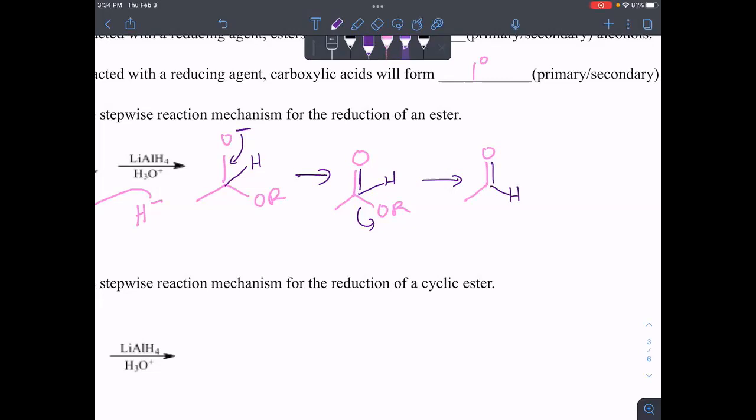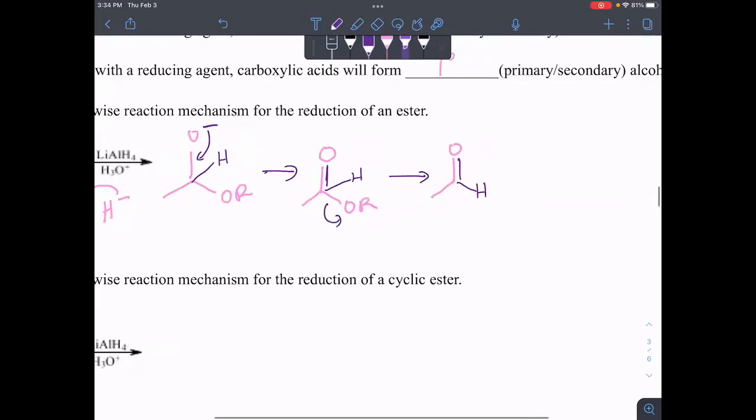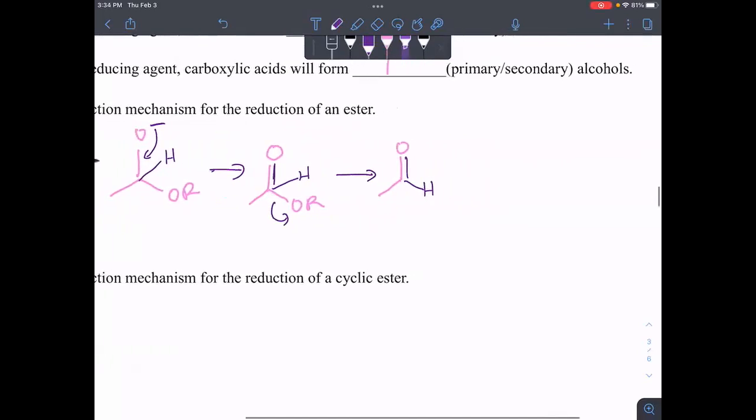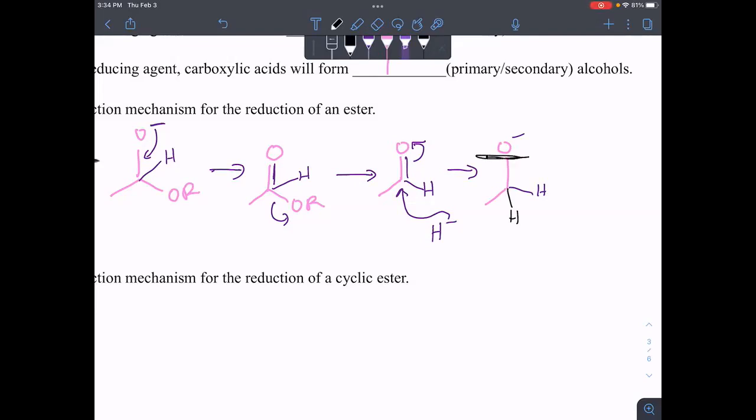So now that we have an aldehyde, we can do the reaction again with the reducing reagent and add another H minus. So now we have two hydrogens that were nucleophilically added. And then we have our nucleophile with the alkoxide ion.